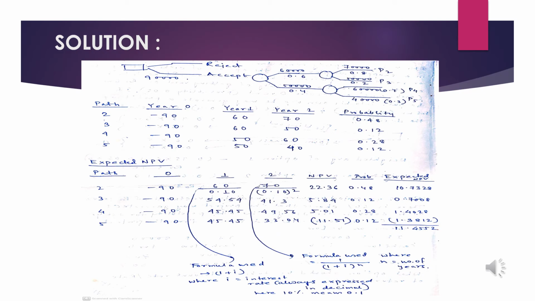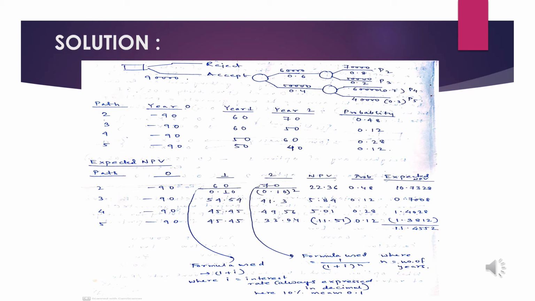Moving on to the solution of the previous problem, the project requires an initial investment of 90,000. The actual decision to be taken is whether this 90,000 needs to be invested or not.